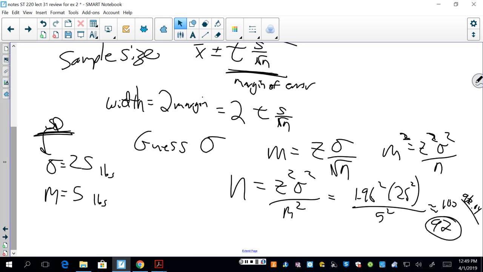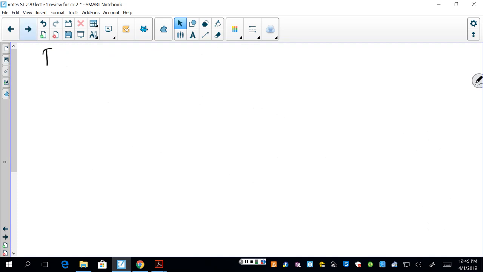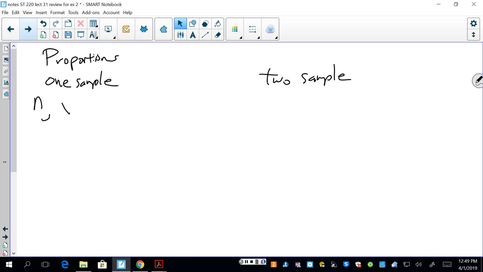All right. So the other two testing situations and confidence intervals concern proportions, with one sample or two samples. In the one sample situation, you're told a sample size, and you're either told X, the number of cases out of n, or maybe a sample proportion.